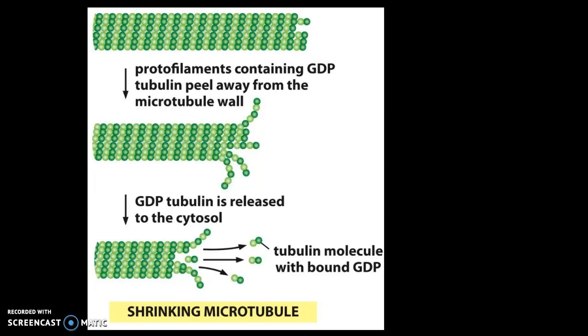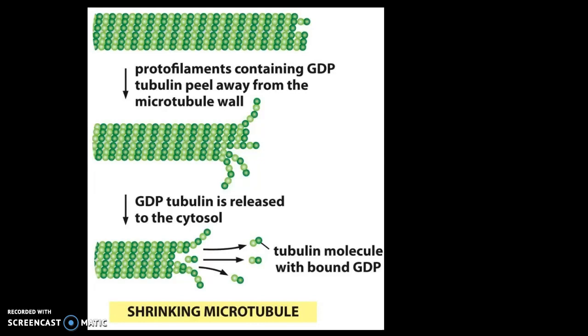Once there's no GTP bound tubulin cap, then the end is no longer stable. The positive end is no longer stable, and it starts releasing tubulin from the end. And this is a very rapid process called catastrophe.